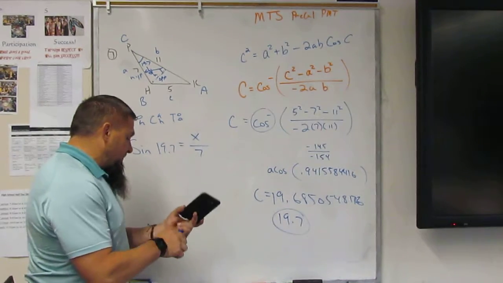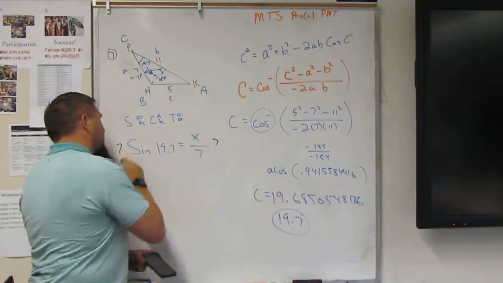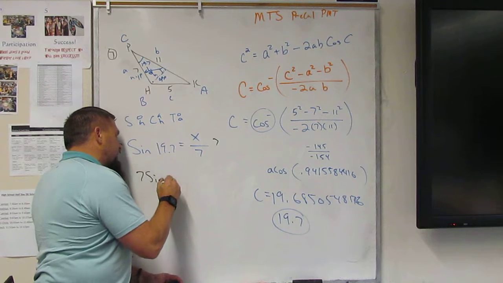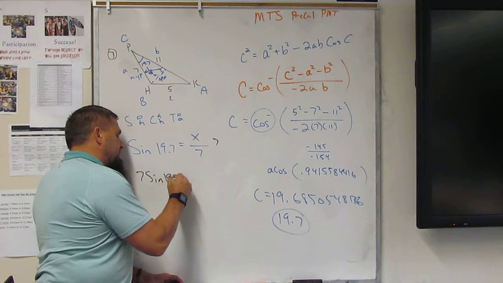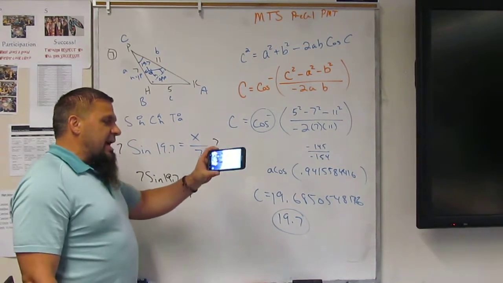Now how do I solve for that? Oh yeah, so I just solve by multiplying by 7, right? So then I take 7 sine 19.7, that equals x.